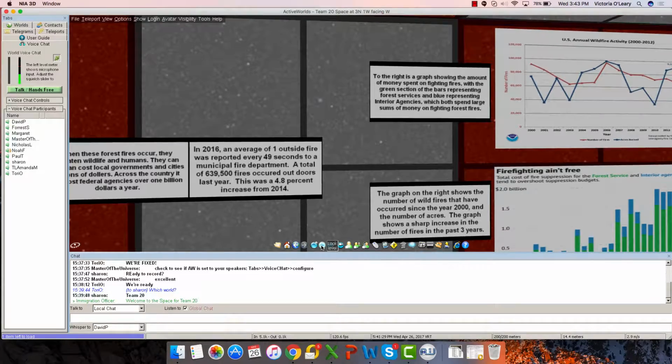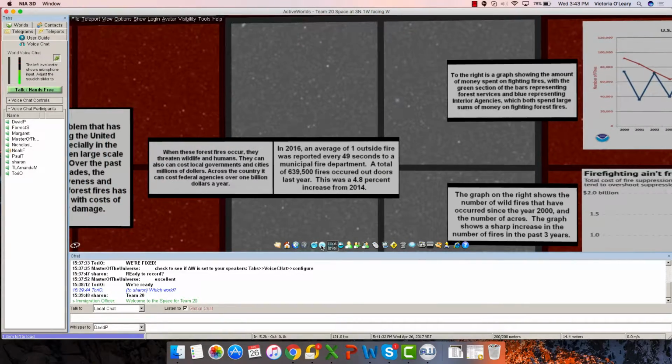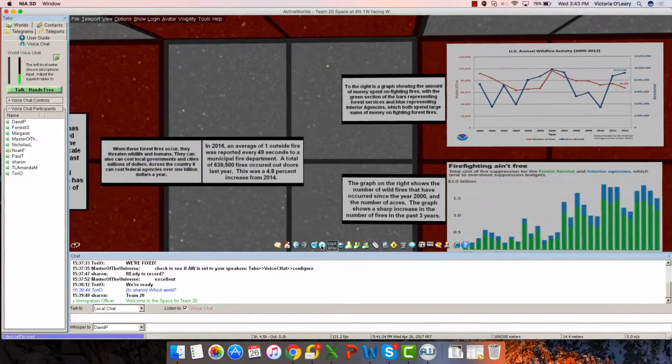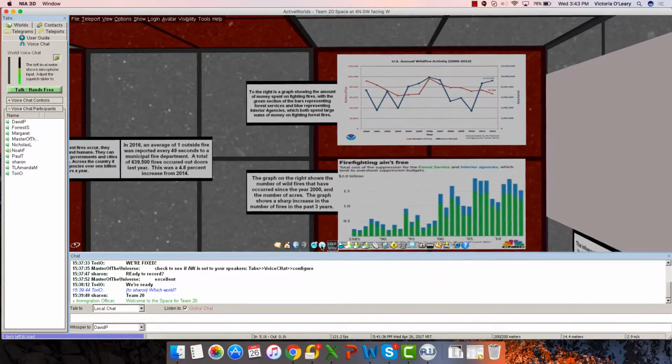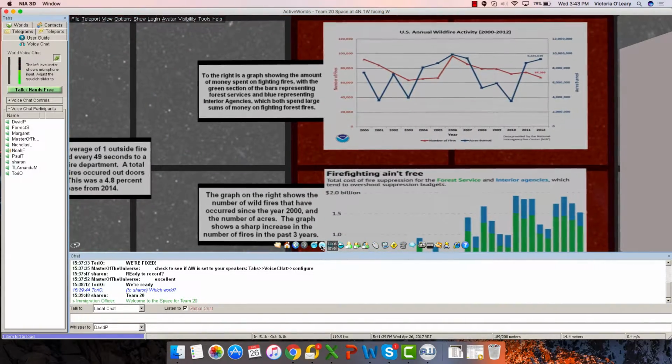Then the sign below it represents the amount of money that the Forest Services and interior agencies have spent on forest fires within the last 25 years. And as you can see, it's a constant growth of the amount spent.